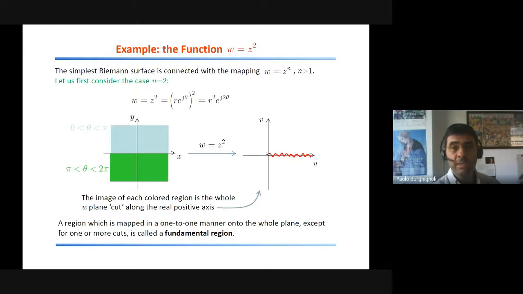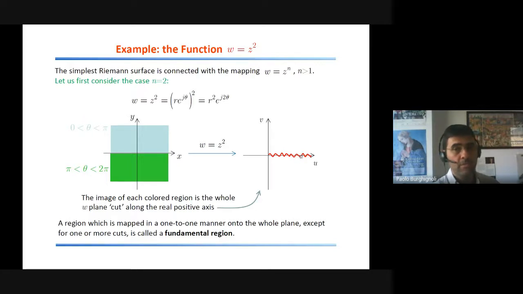And to indicate that here you have an ambiguity, we draw this wiggly line in which you can imagine that the w-plane has been cut, like if it were made of a sheet of paper, and you take scissors and you cut the paper from infinity to the origin along this wiggly line, so as to avoid that this wiggly line is crossed.